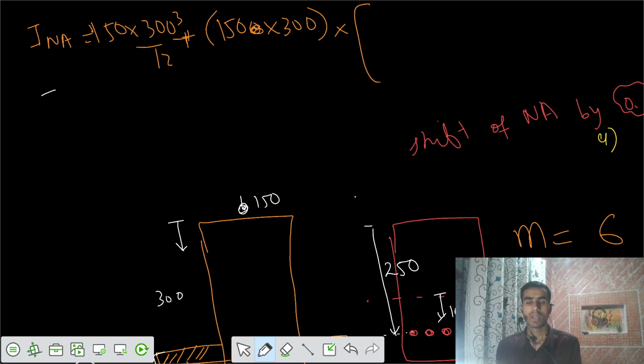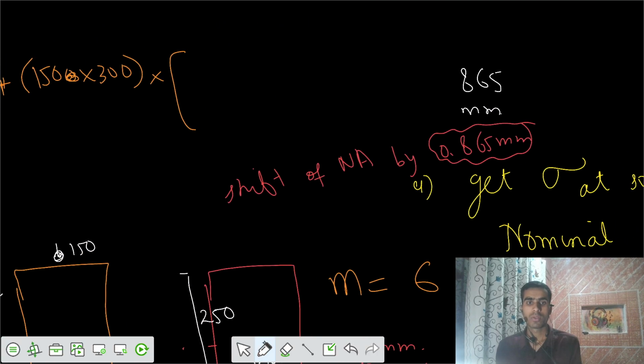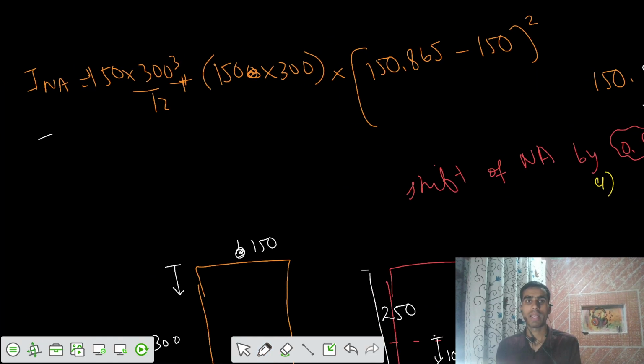Total centroid was at 150.865, but the centroid of the BD is acting at 150. So the difference is 0.865, then square, A d square.